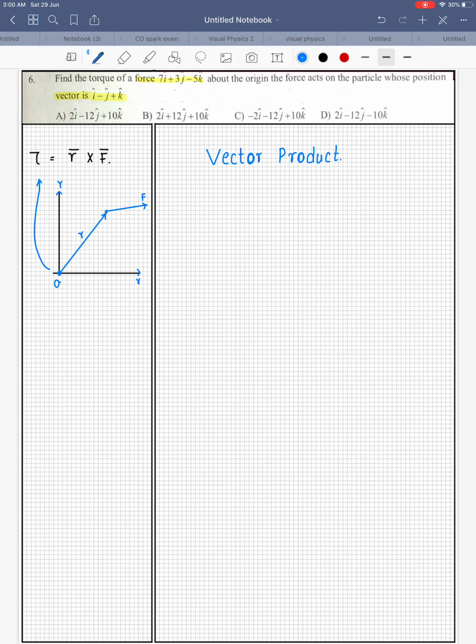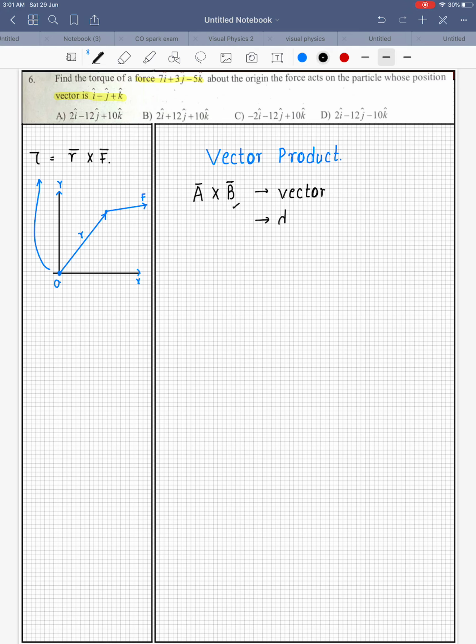As we have seen in the class, maybe a bit of detail on the vector product as well. So we know A bar cross B bar is a vector, and for the direction you should use your right hand thumb rule. When you start your fingers at A and curl them towards the vector B, the direction of the thumb shows the direction of the vector A bar cross B bar.